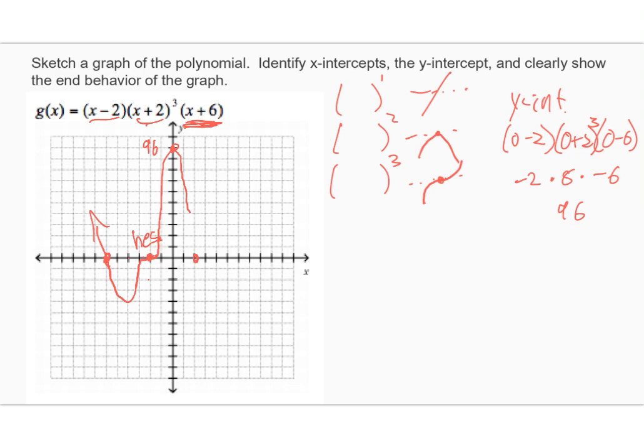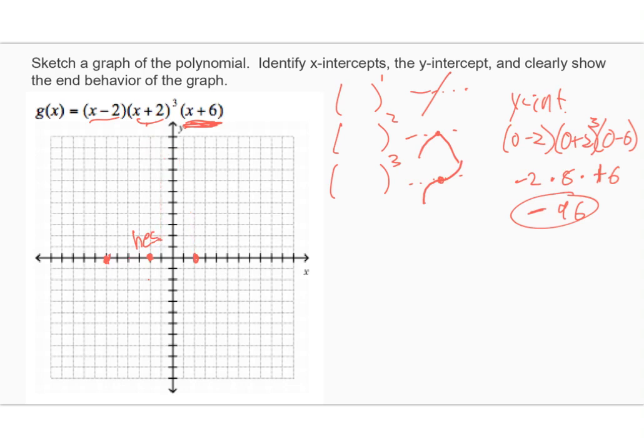Something is going wrong here, and I'm trying to figure out what that is. That's because this should be negative 96 and not positive 96. Oof, I'm glad I write problems down wrong all the time. So let me erase the picture so far. I apologize for that.